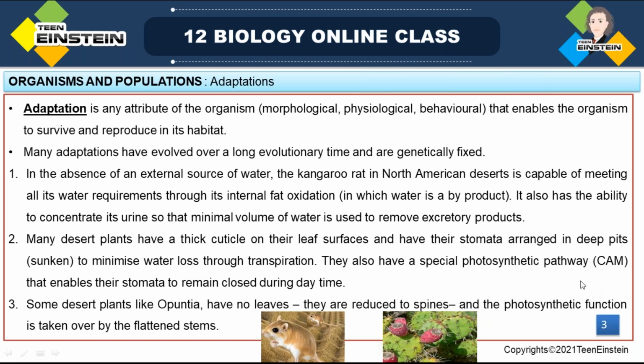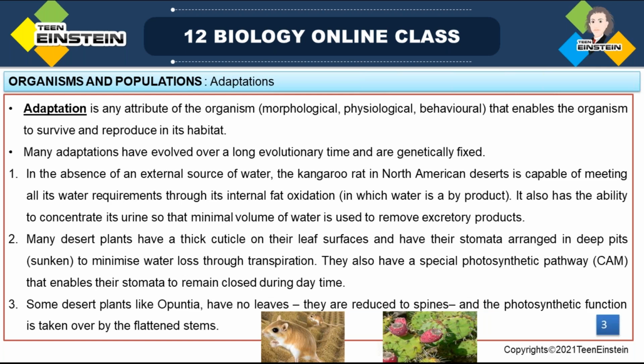What is the full form of CAM pathway? Crassulacean acid metabolism. Okay. Crassulacean acid metabolism, CAM. So in some plants, especially in xerophytes, they have a specialized photosynthetic pathway that is called the CAM pathway or Crassulacean acid metabolism. That pathway xerophytes are having.